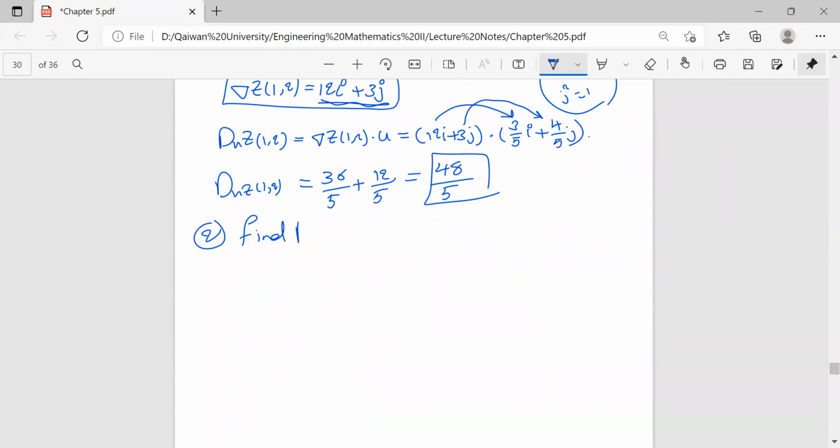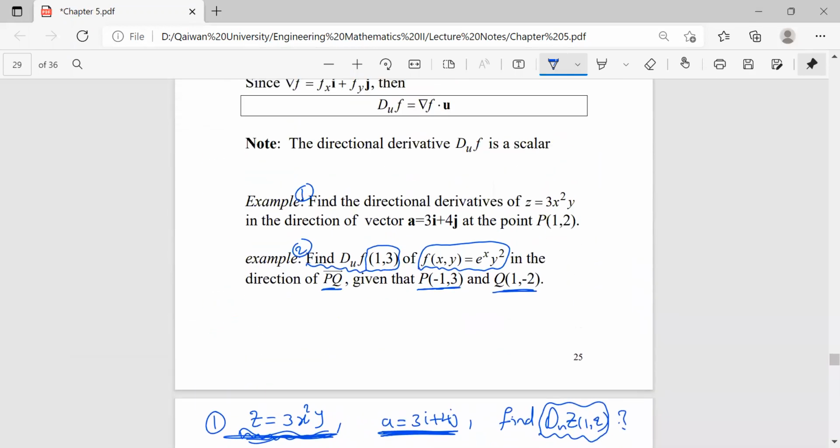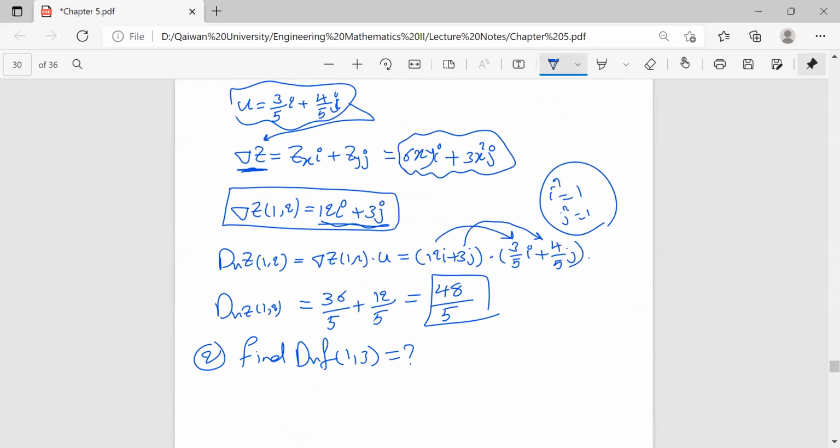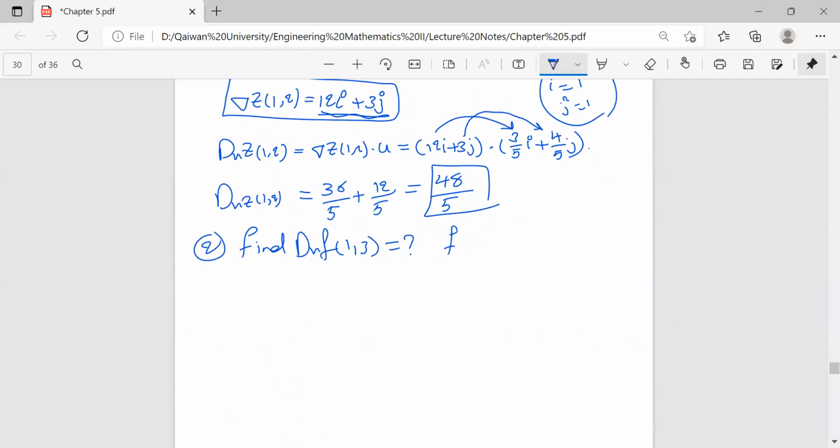Find DUF at 1 and 3. The function is f of xy equals e to the power x y squared.